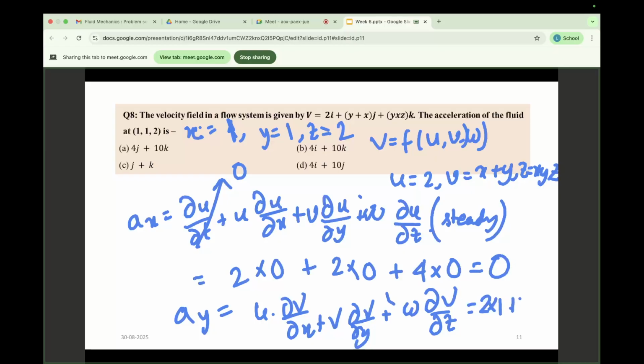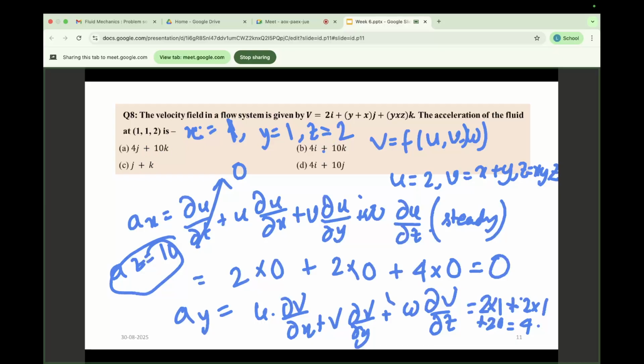Then v is 2, into the derivative of this v term, and put this value x equal to 1, y equal to 1, z equal to 2: 2 plus 2 into 0, this one is 4. So similarly you can find az, which you will get as 10.